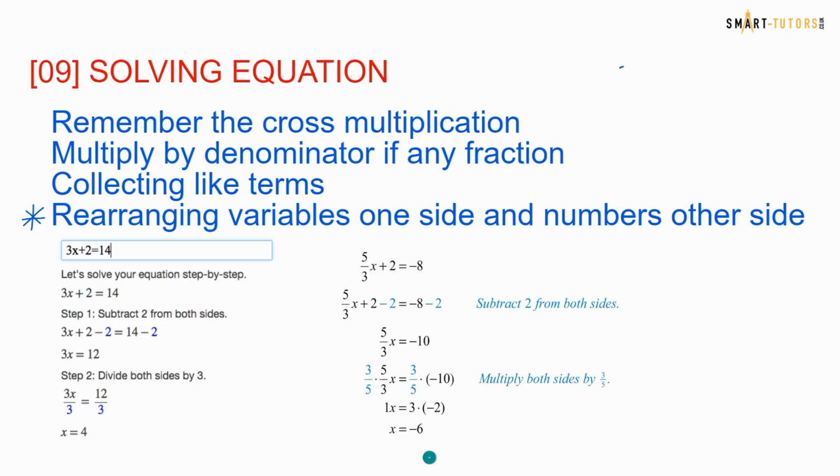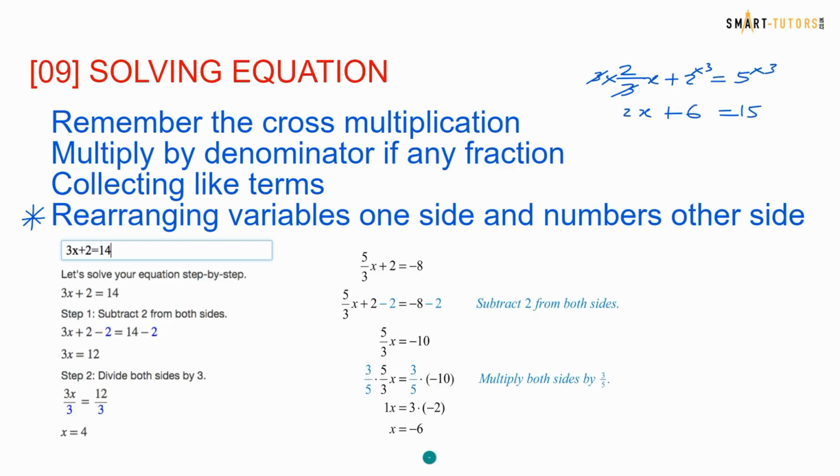Say for example, 2 upon 3 x plus 2 equals 5, you can multiply by the fraction's denominator everywhere. So if you multiply by 3 here, here and here, 3 and 3 cancel, 2x plus 6 equals 15, and you can carry on doing the question.